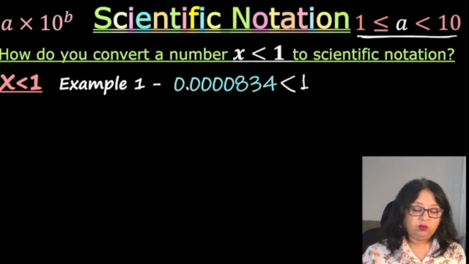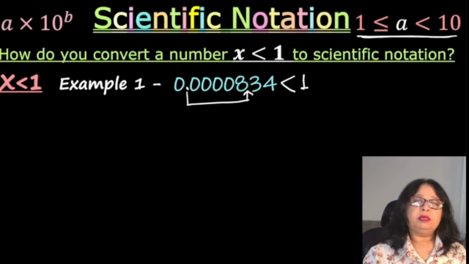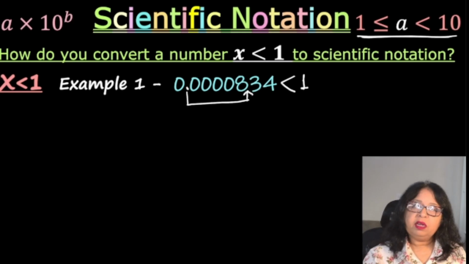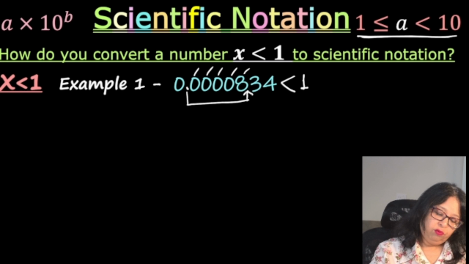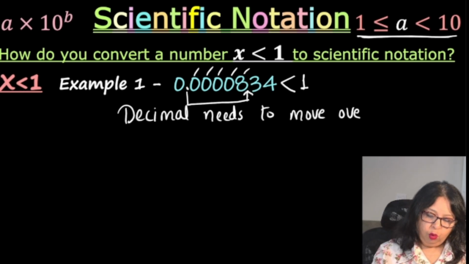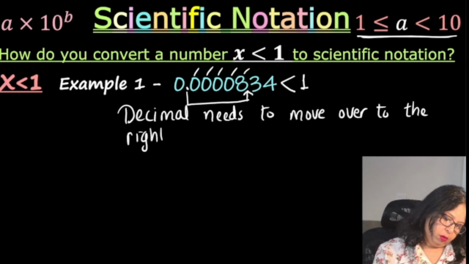The decimal must move to the right, from here to between 8 and 3. I'm going to count by how many places I moved the decimal over to the right: 1, 2, 3, 4, and 5. So the decimal needs to move over to the right by 5 places.